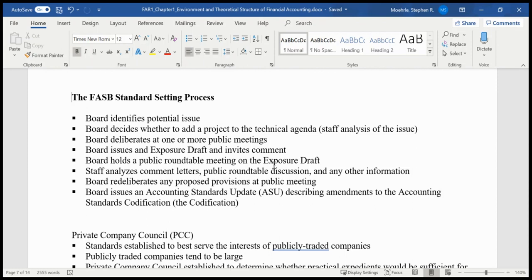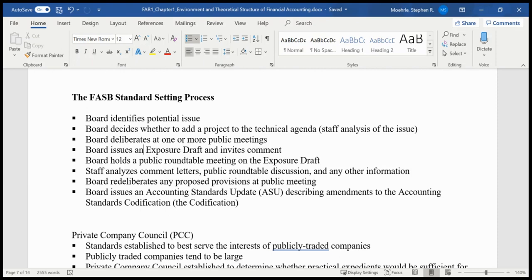Eventually, the board will issue an exposure draft, and invite comment on that exposure draft. The board then holds a public roundtable meeting on the exposure draft so that it can better inform you as it invites comments from you and your organizations.